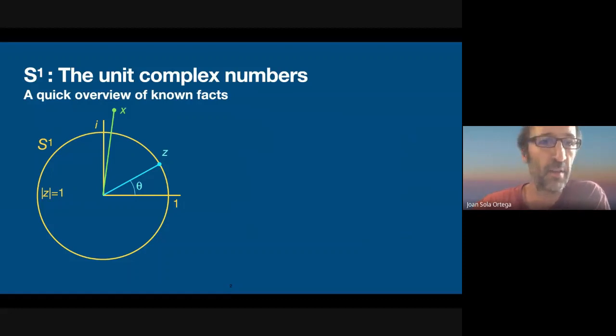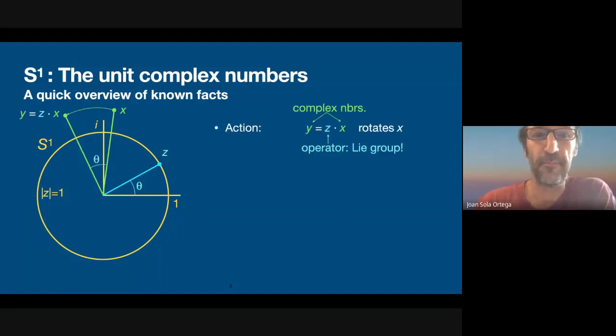So as you know, in the complex plane, we can define points and interpret them as vectors in the x-i coordinate system. And you also know that if I multiply two complex numbers, I get another complex number, which has the product of the norms and the sum of the angles.